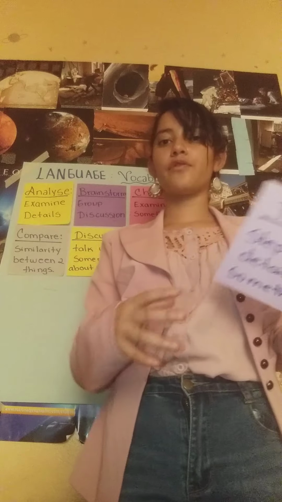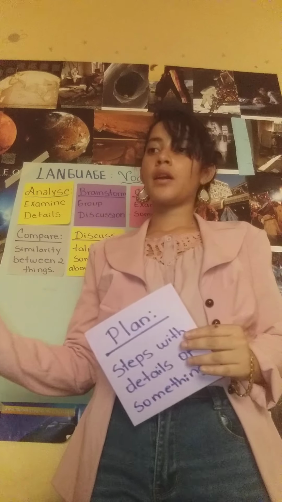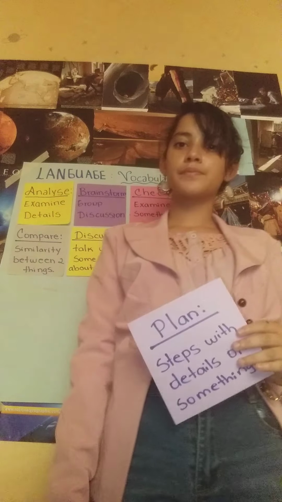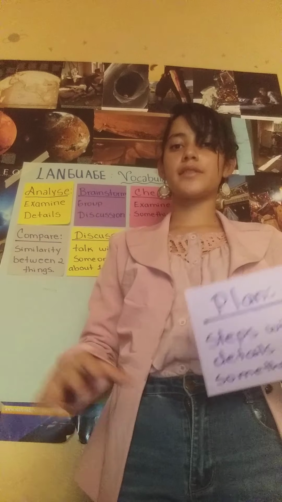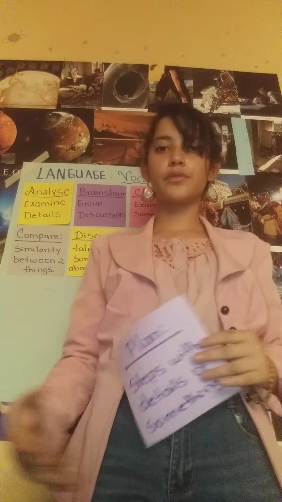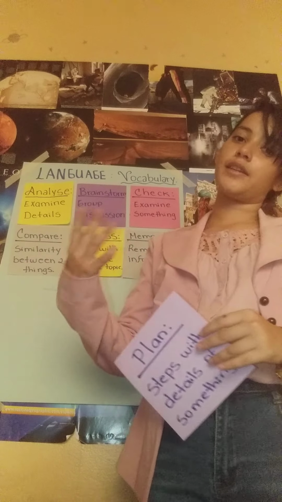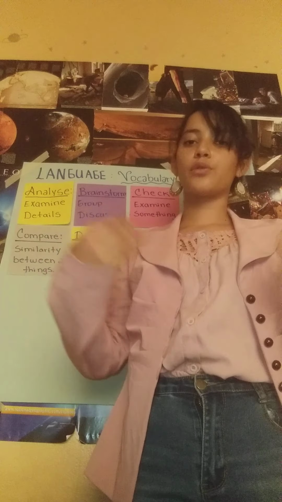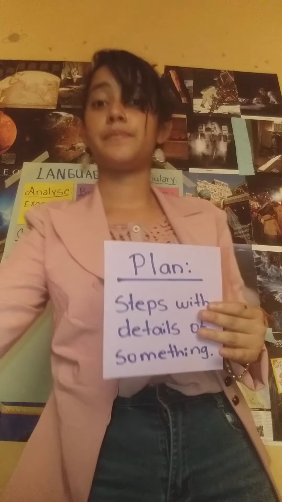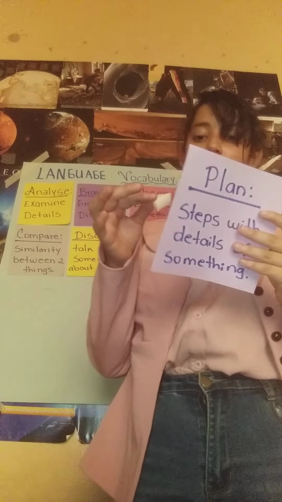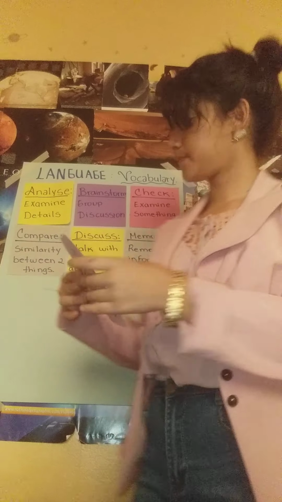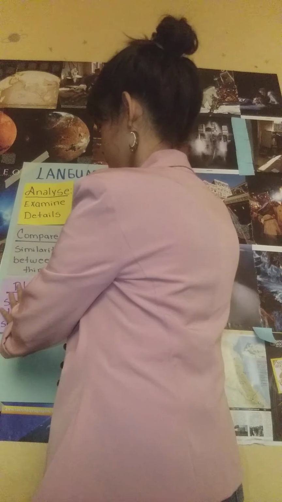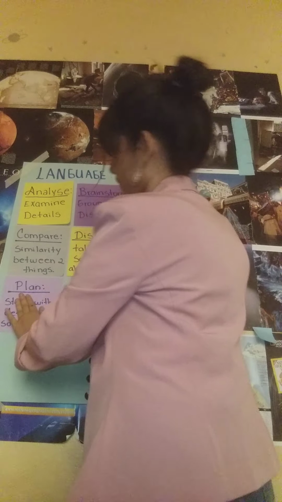I need steps. First, I will rent a local. After, I will buy tables. After, I need personnel to work for me. That is a plan. Steps with details when you are going to do something. Plan.